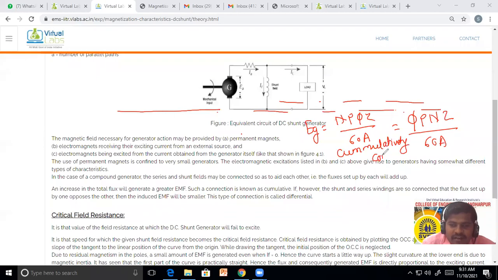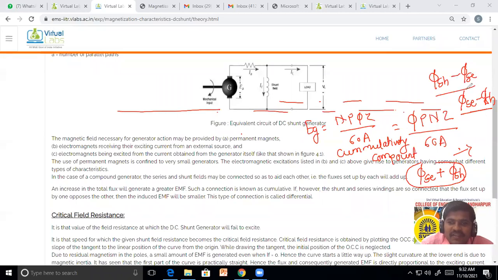If the flux is added, phi SC plus phi SH, then this is a cumulatively compounded generator. And if it is phi SH minus phi SC, that means the series field winding is subtracted from the shunt field winding, then it is a differentially compounded generator.